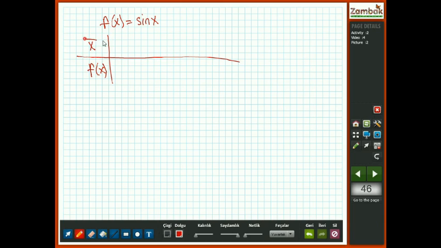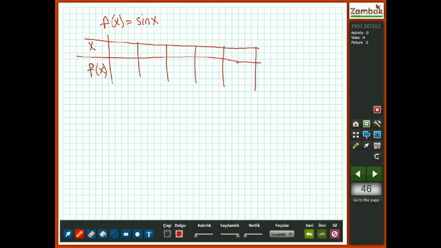We are going to find f of x for the values of x.